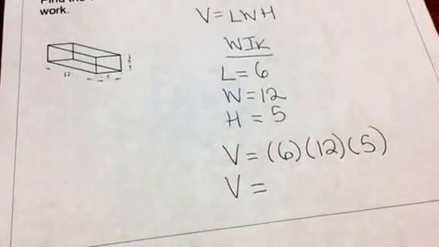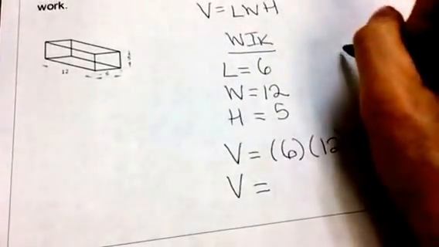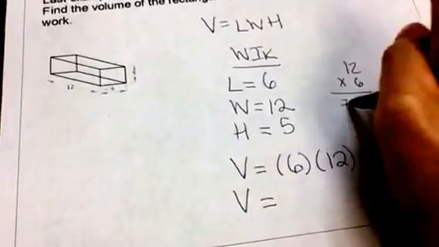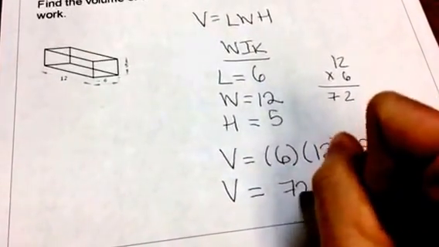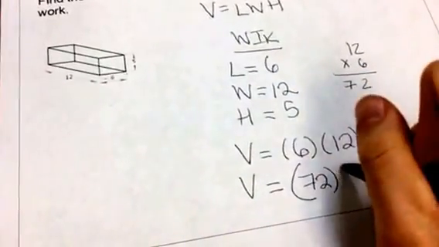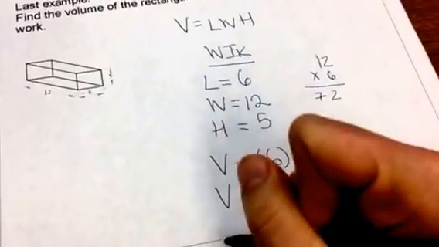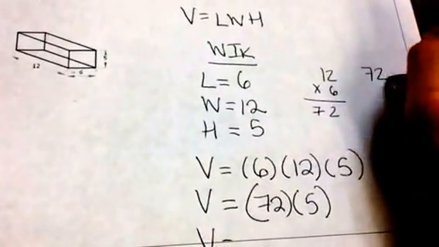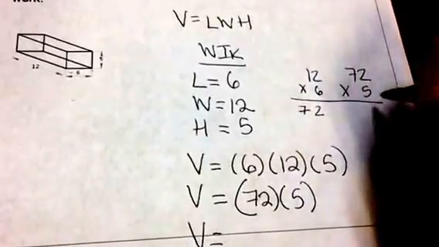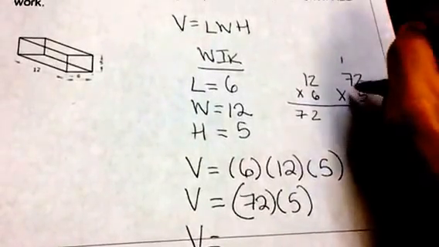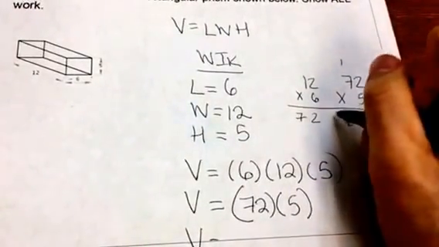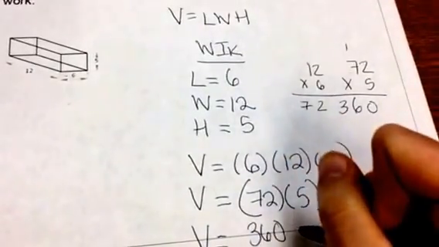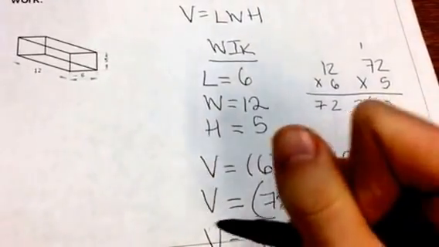Okay, so let's see, 12 times 6, 72, times 5, volume equals 360. Now I wasn't given units cubed.